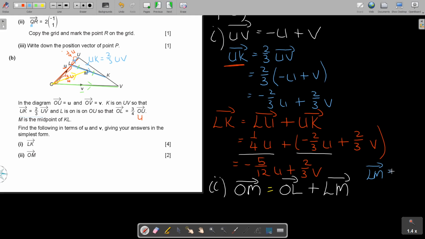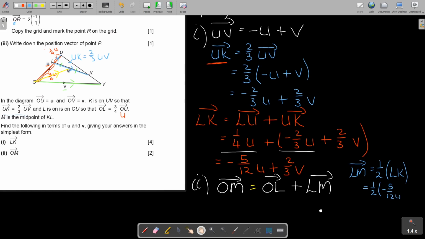LM is the half of what? LK. And you have LK. Do you see that? So you're just going to substitute it in and half, and then it's going to be minus 5 over 12 u, do you see that? Plus 2 over 3 v.